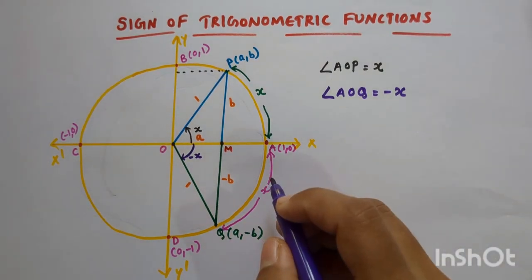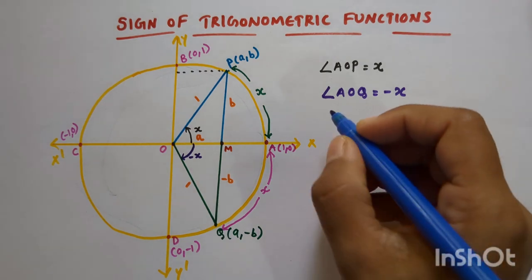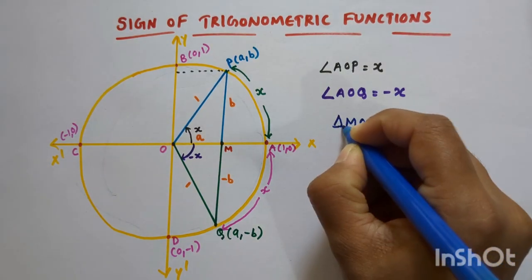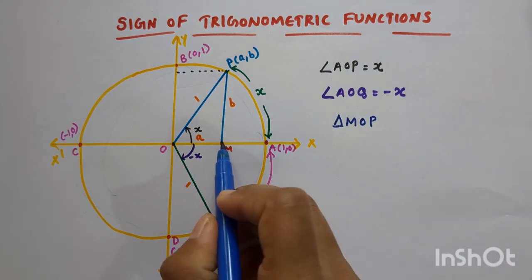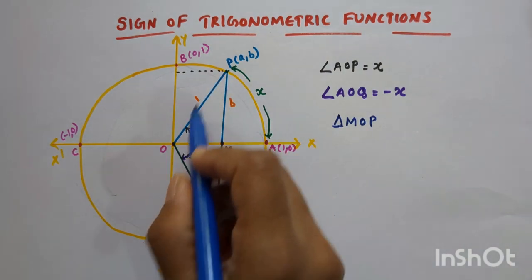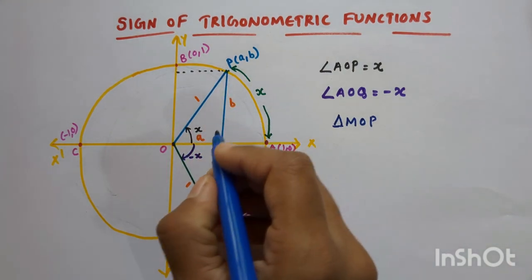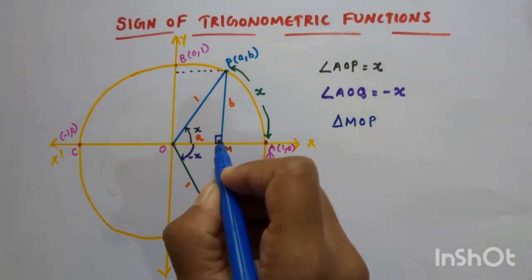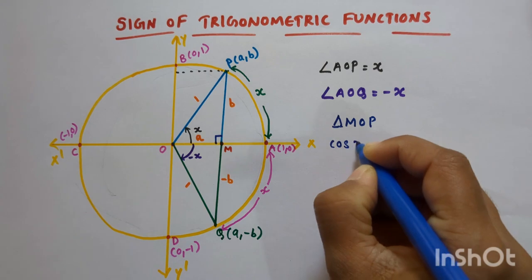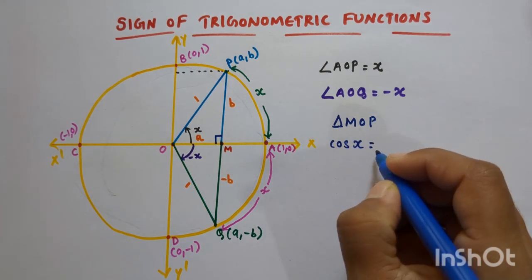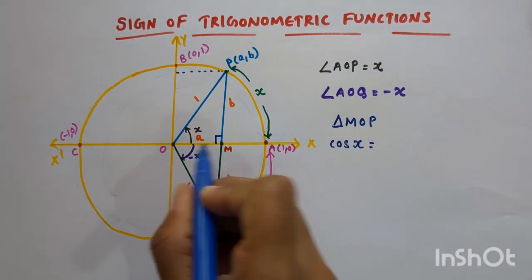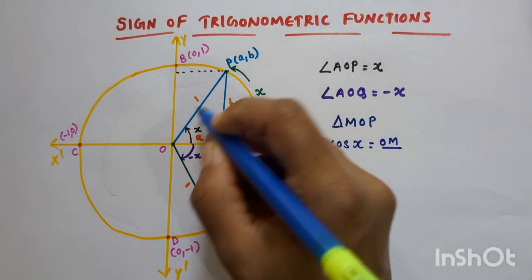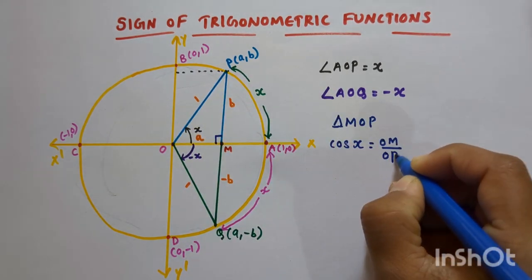Now let us consider triangle MOP. This is a right triangle. In this triangle, cos x is the adjacent side by the hypotenuse. The adjacent side, OM, divided by the hypotenuse, OP.